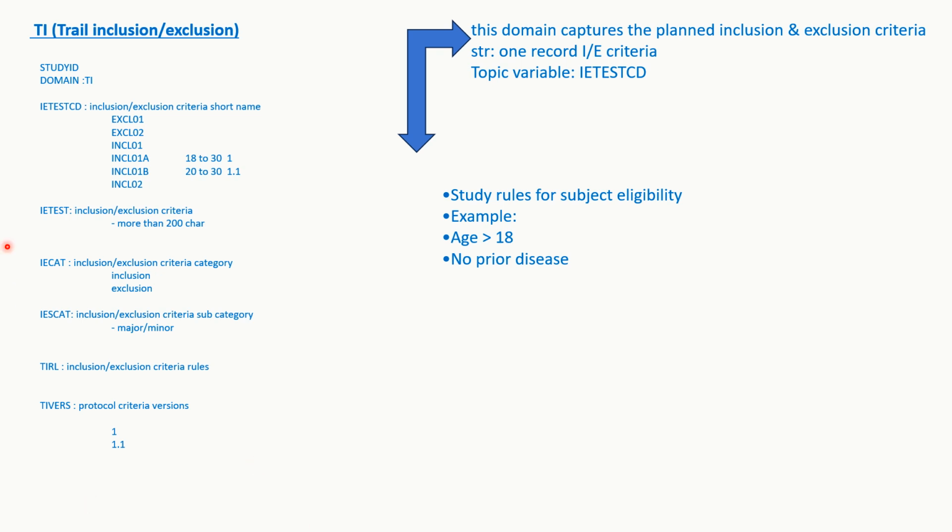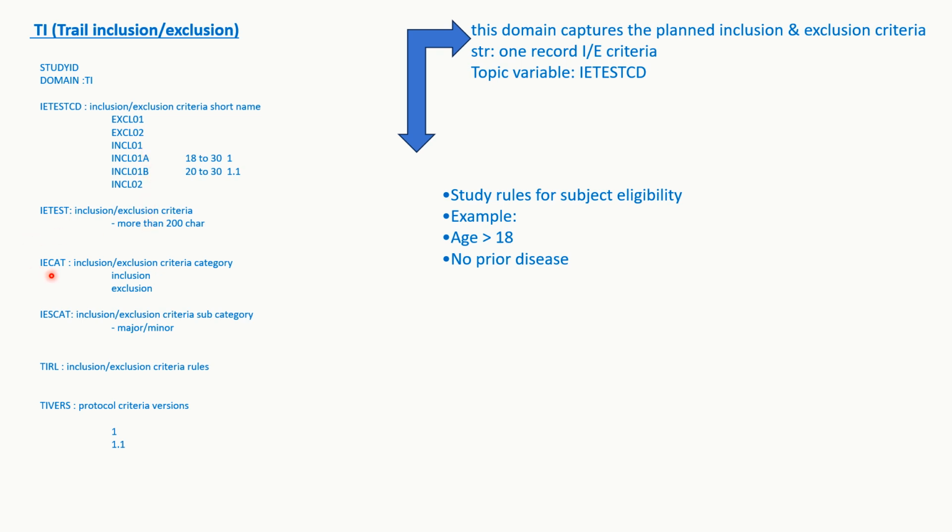The variables are study ID, domain, IE test code, and IE test. IE test code is the short name for the criterion, like exclusion 1, exclusion 2. If it is inclusion, then inclusion 1, inclusion 2. In this way the data will be captured.